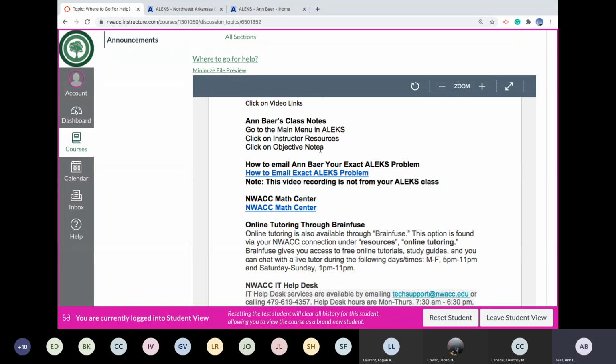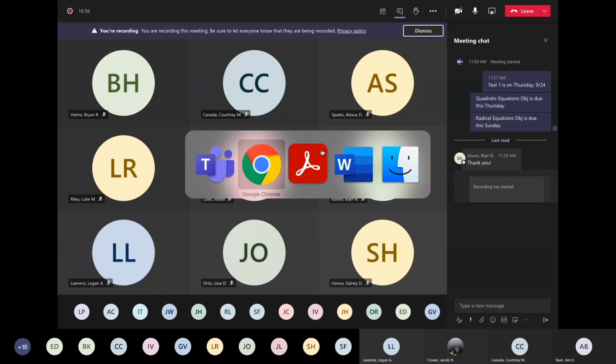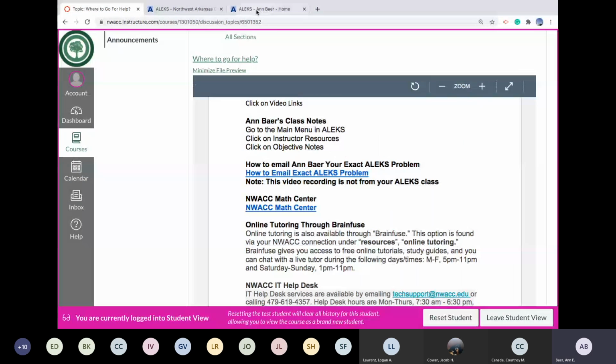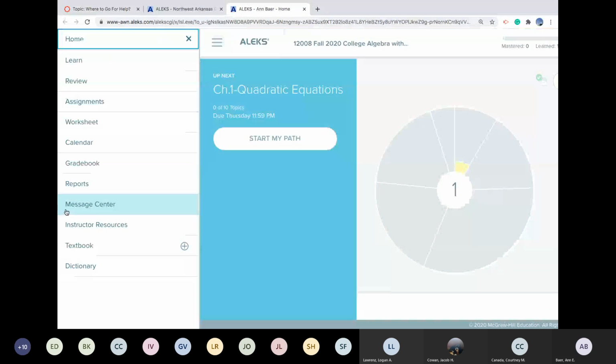Instructor resources, objective notes. Oops. Let's see. Okay. So let's go to ALEKS, and we want to go to the main menu and then instructor resources. The main menu, these three horizontal bars. Instructor resources.